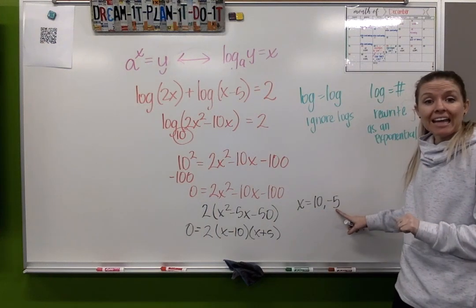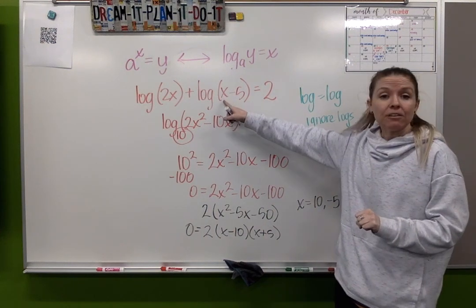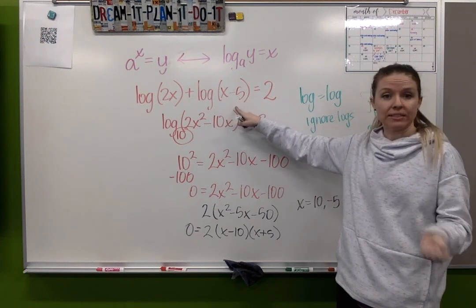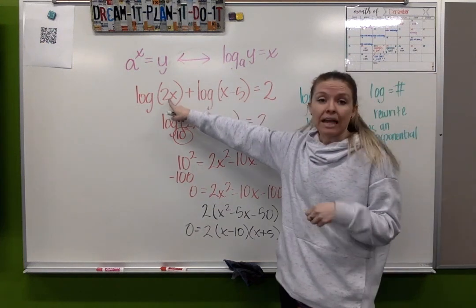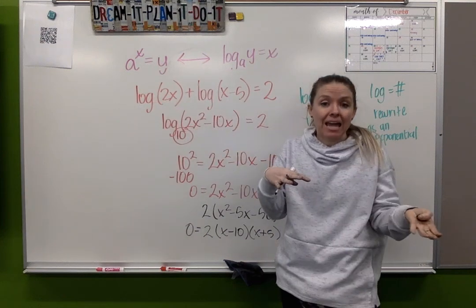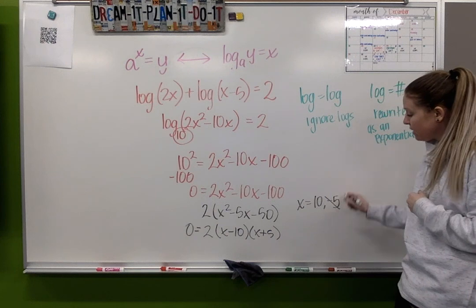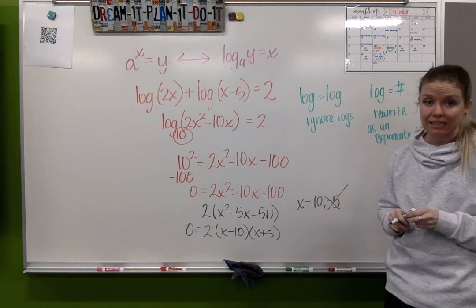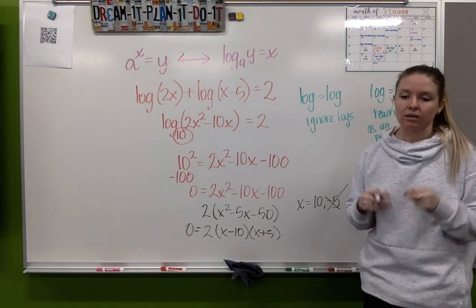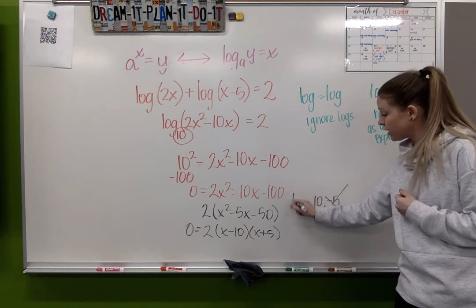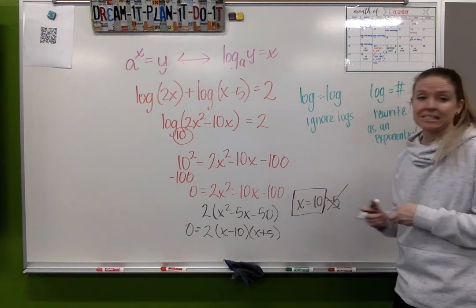But if I plug in negative 5, x minus 5 is a negative number. I can't take the log of a negative number. Negative 5 times 2, that's negative 10. I can't take the log of a negative number. Negative 5 worked algebraically, but it doesn't work in our log. It's an extraneous solution. So our answer is x equals 10.